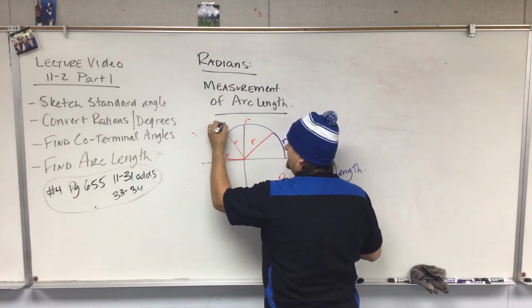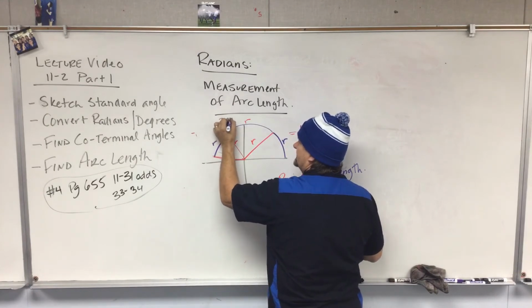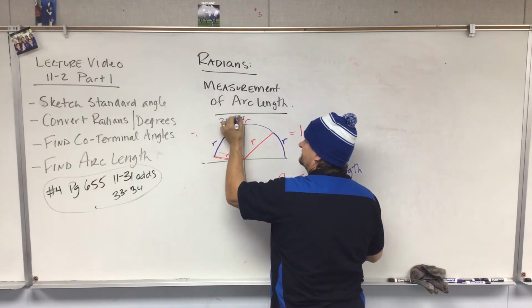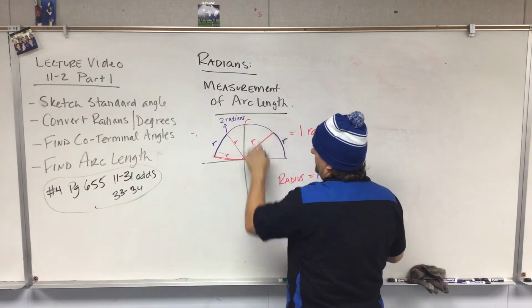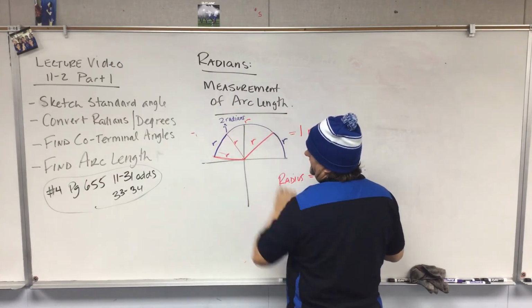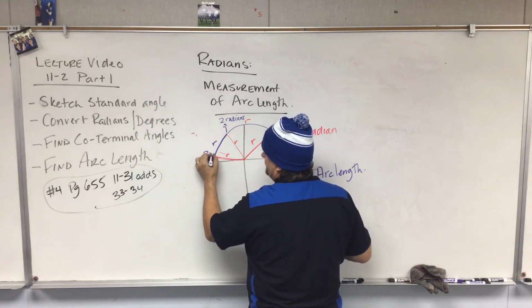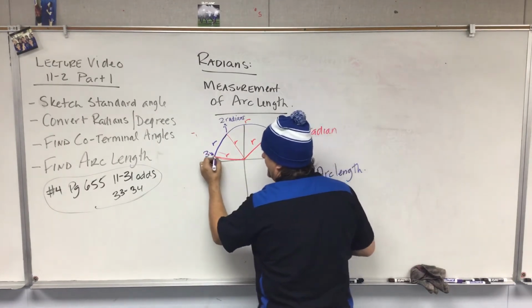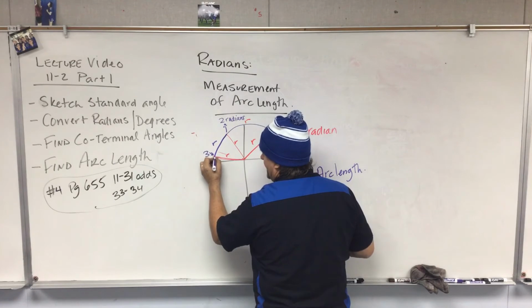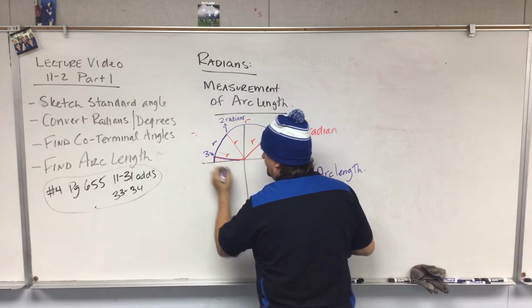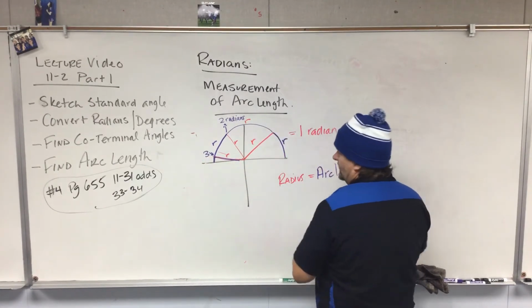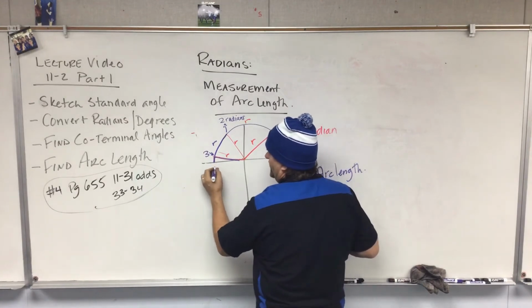This one is 2 radians, because I have 2 radiuses of length all the way around. This one is 3 radians. Take a guess of how much farther that is right there. Hopefully you guessed 0.14.